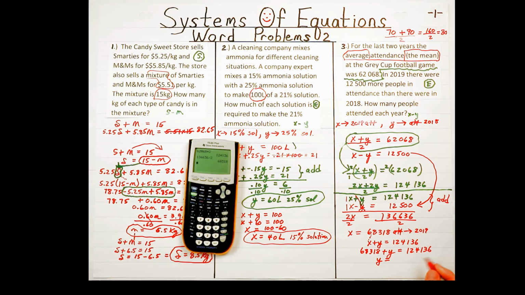So, opposite operation, subtract this from both sides, we'll get y equal to 124,136 subtract 68,318.